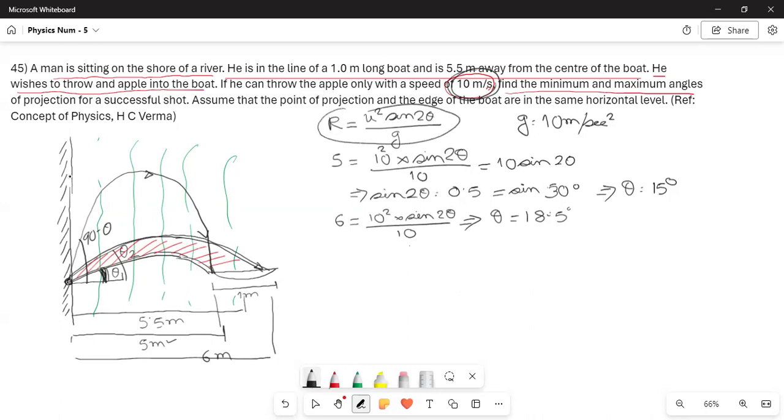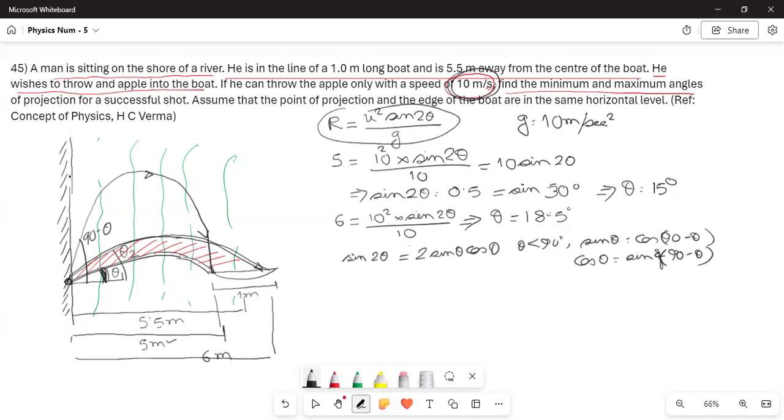This equation, range is proportional to sine 2 theta. Sine 2 theta is 2 sine theta cos theta. Now we know, so long as theta is less than 90 degree, sine theta is equal to cos of 90 minus theta, and cos theta equal to sine of 90 minus theta.